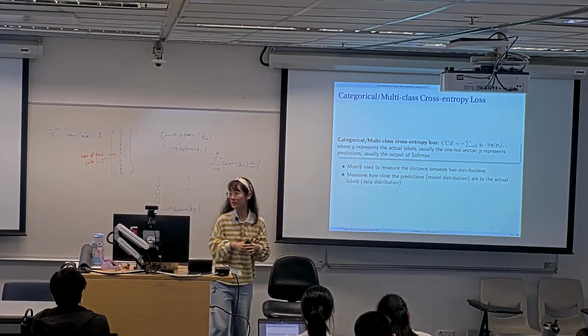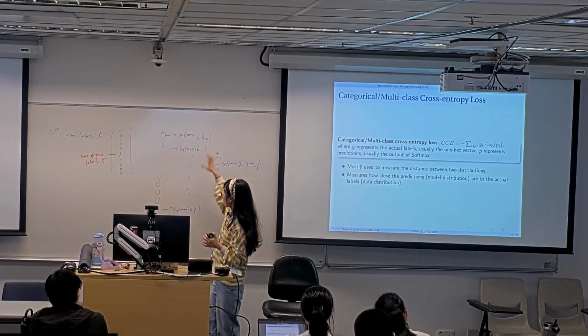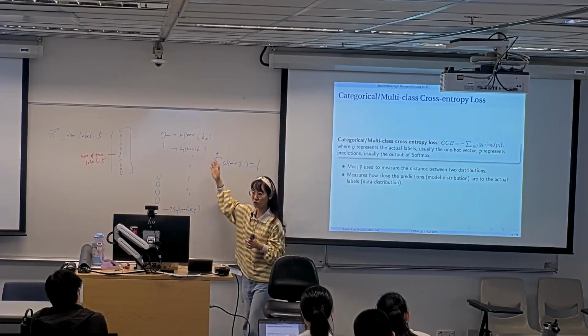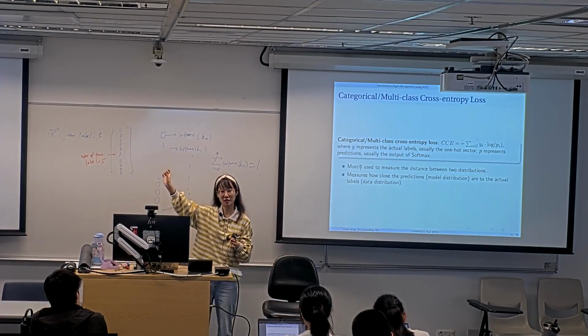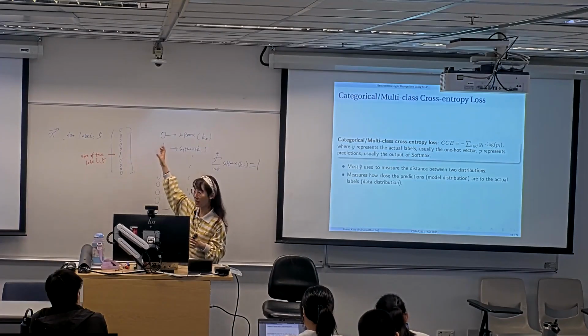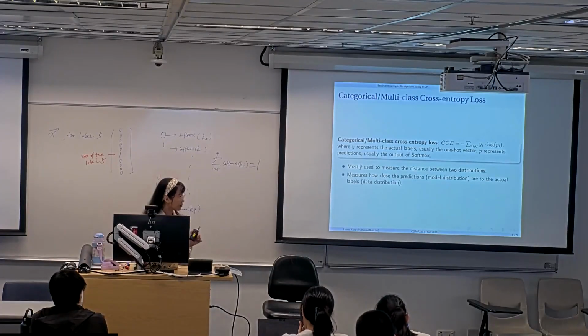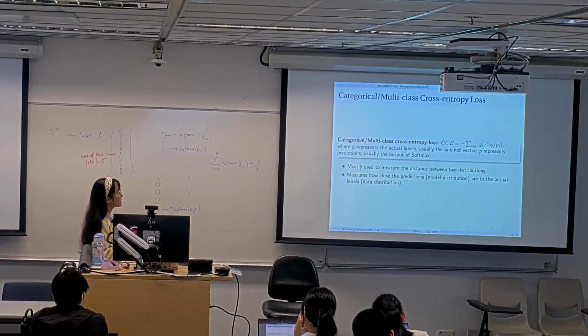You can consider that y here is a distribution, and of course the softmax outputs are all probabilities. You can also regard y as a probability distribution because only class 5 has probability 1. All others have probability 0. So basically we just measure the distance between these two distributions.